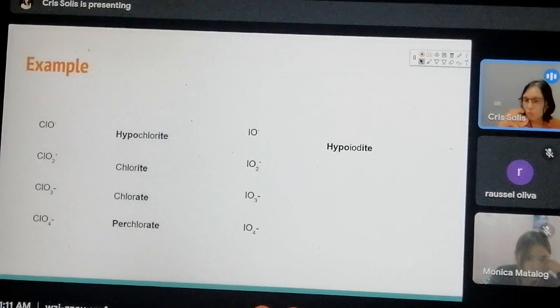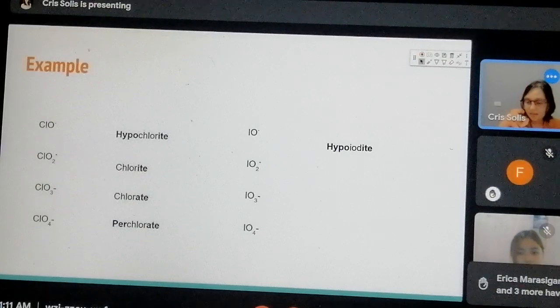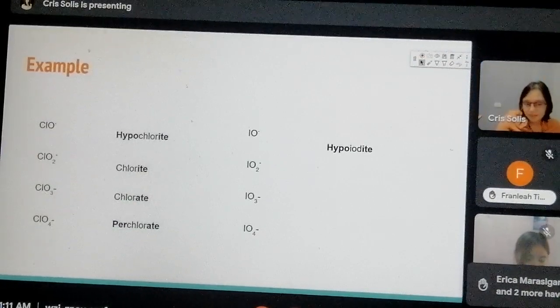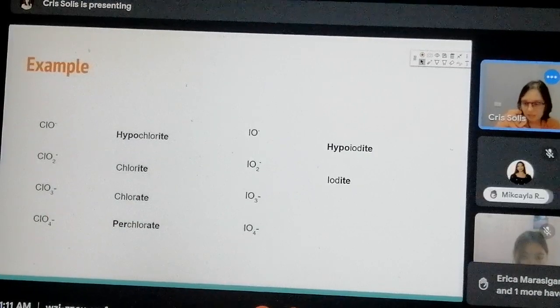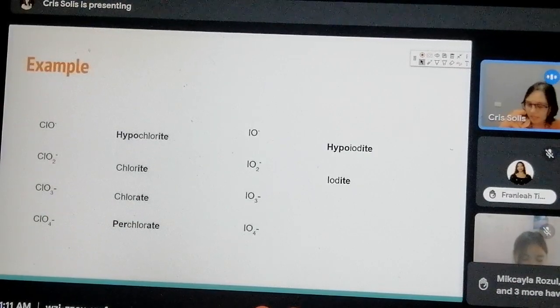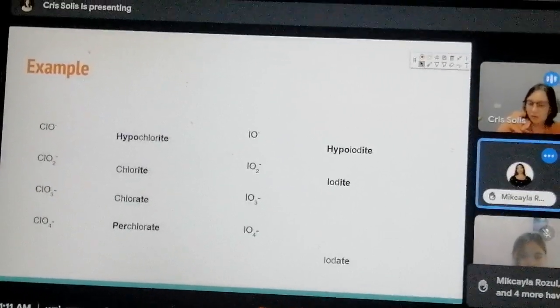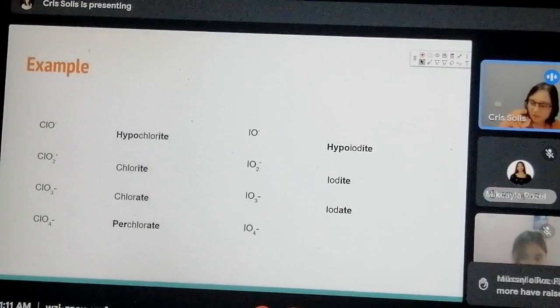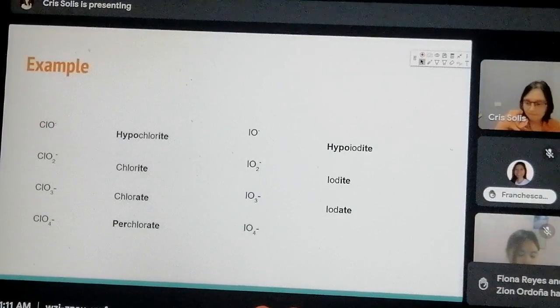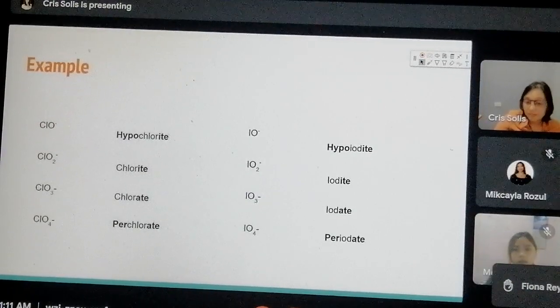Next, IO2. Iodite po. Iodite. Next, IO3. Iodate po. Iodate. And last, IO4. Periodate. Periodate.